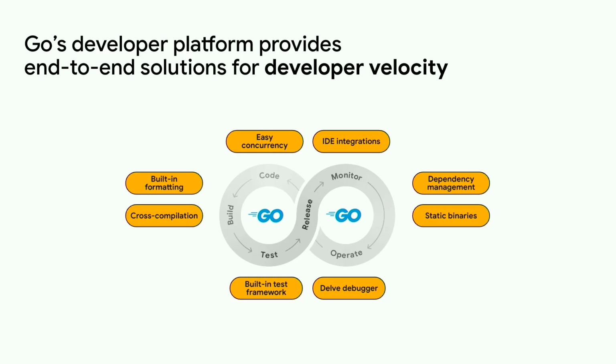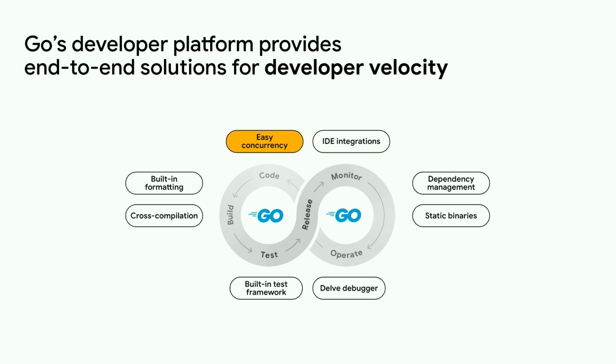I'll make the point with some examples. Let's take developer velocity. Go has features and tools and libraries that take everything into account to maximize your team's developer velocity from when they're writing code to pushing it into production and then operating it reliably thereafter. We provide IDE integrations, including our own plugin for Visual Studio Code to make it easy to leverage the features of the rest of the tool chain.